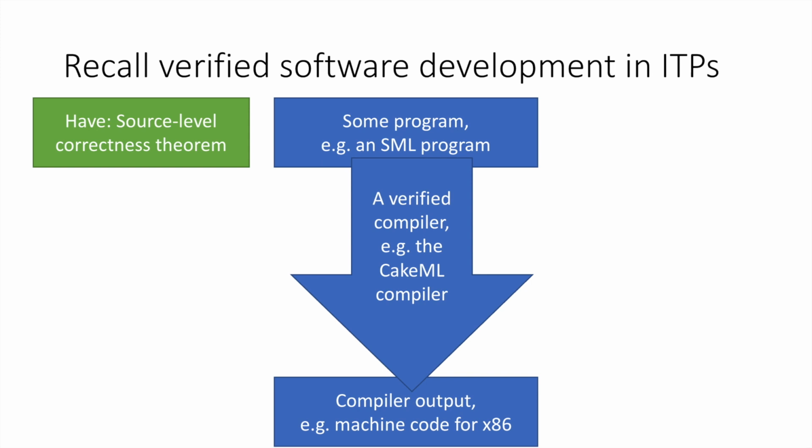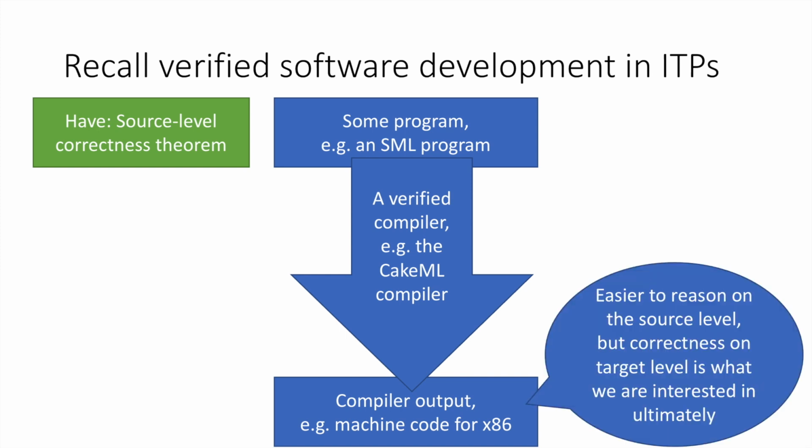Since we want to develop verified software, we need to get a correctness theorem from somewhere. This is usually done on the source level. So we produce by some means a source level correctness theorem for our program. We do this on the source level because it's easier to reason on the source level than on the target level. However, ultimately we are interested in the correctness of the target level program because this is what will ultimately be run on our target machine.